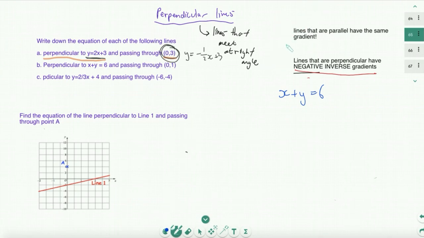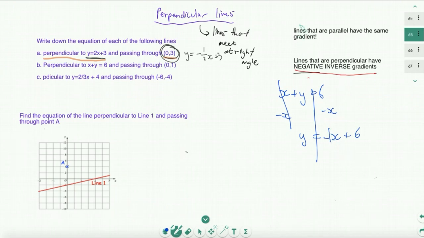So before we find the new gradient, we're going to have to rearrange it so y is by itself. Well, I see y is being added by x, so I'm going to subtract x on both sides. So that cancels out. It's going to be y equals negative x plus 6. Negative x just means negative 1x.